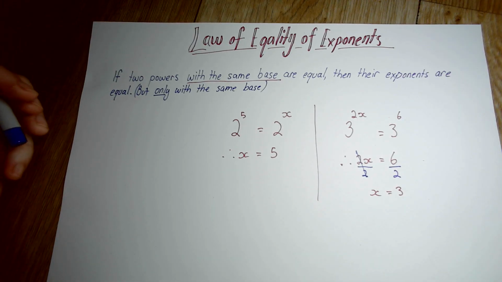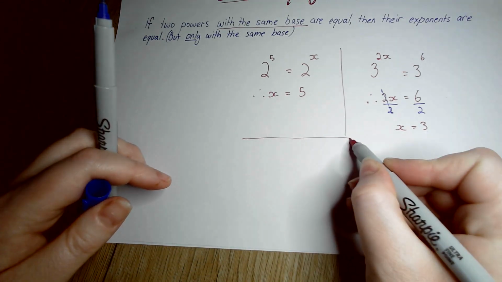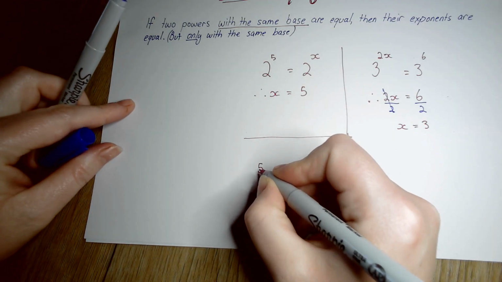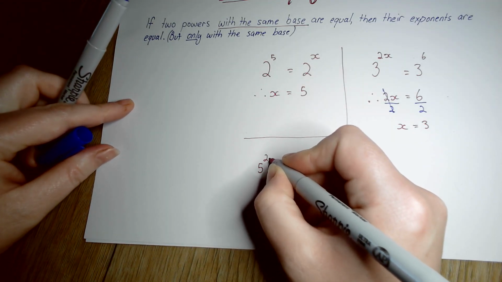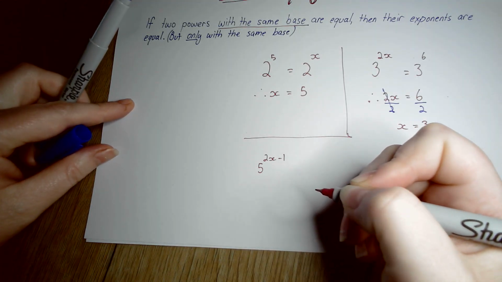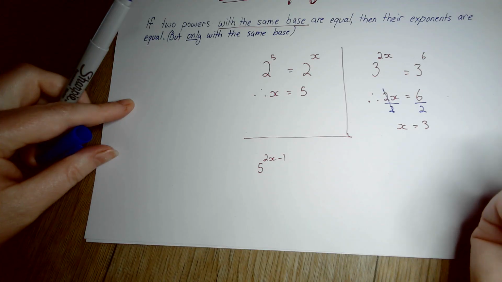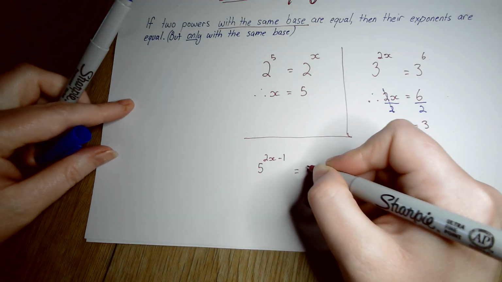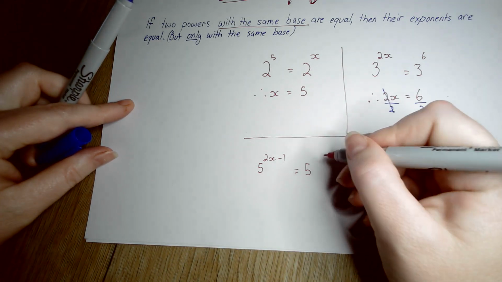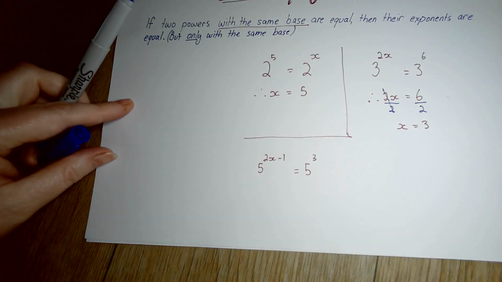And we can get more and more complicated. So let's do another one. We could have 5 to the power of 2x minus 1 equals, let's say, 5 to the power of 3.